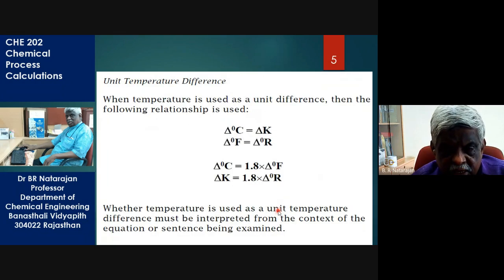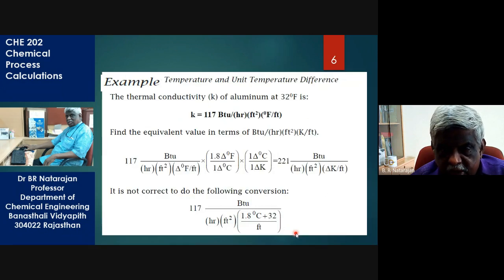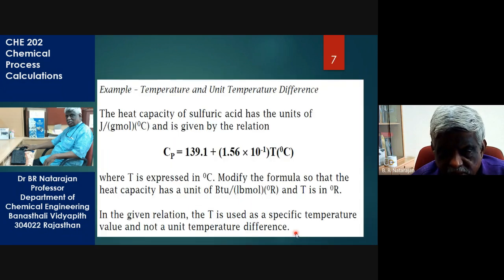Delta C is 1.8 degree F. Delta K is 1.8 degree R. So you have to convert it into R. Degree R, and T is in degree R. Now in the given relation, T is used as a specific temperature value and not as a unit temperature difference. So here T is representing the temperature and not unit temperature difference. Okay, so interpret the thing correctly.